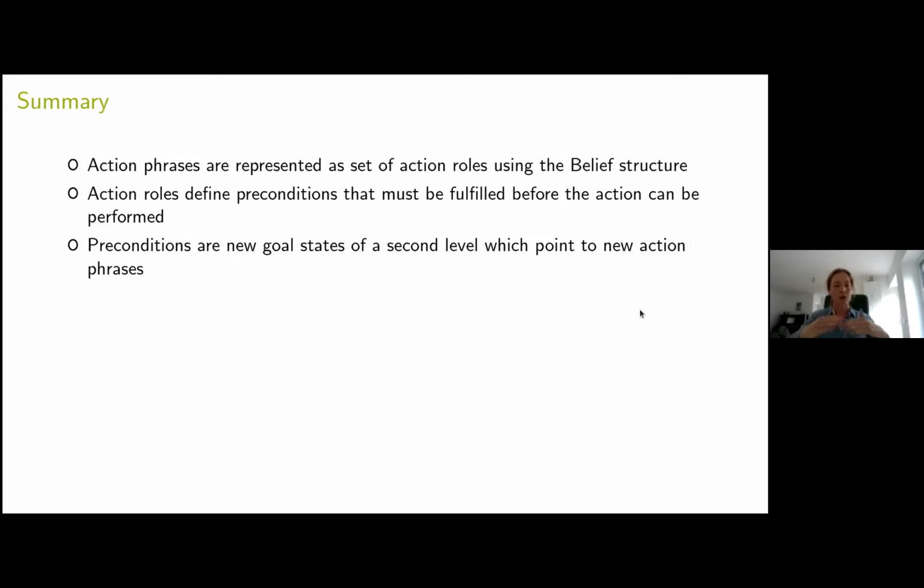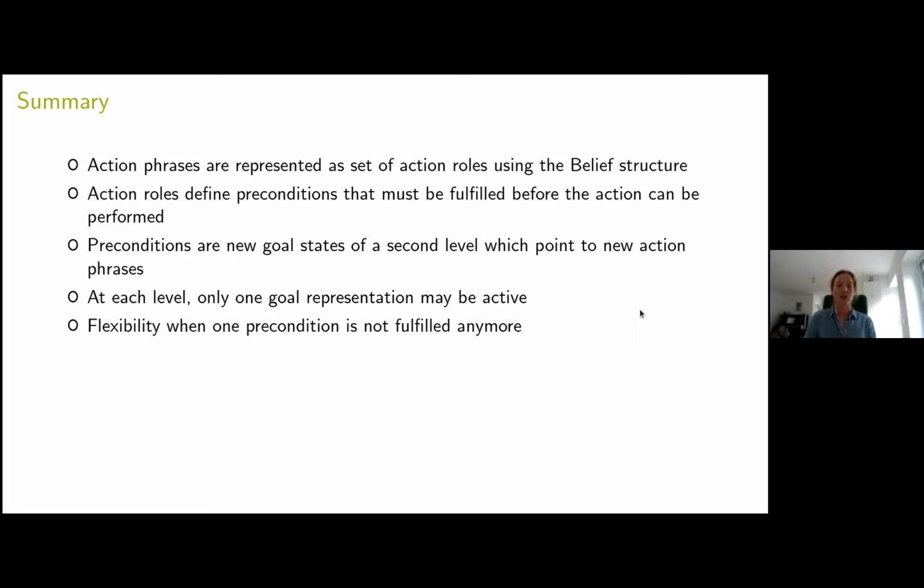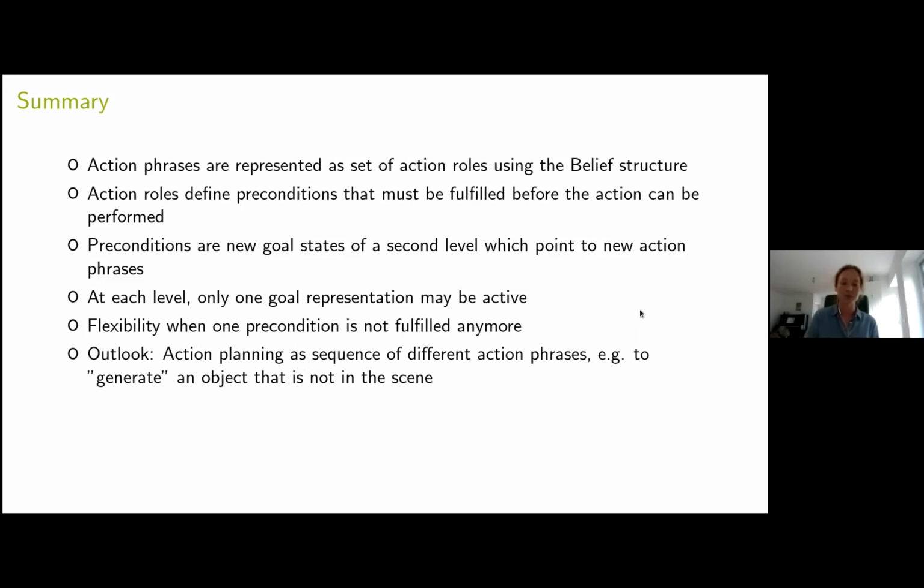And those preconditions activate new goal states, or are instead new goal states that then point to those new sub-action phrases. At each level, only one of those goal representations is active, and we have the flexibility that we saw when the robot drops the figure on its way to the speaker, because at each of those levels, all preconditions must be fulfilled before the intention in action is activated.